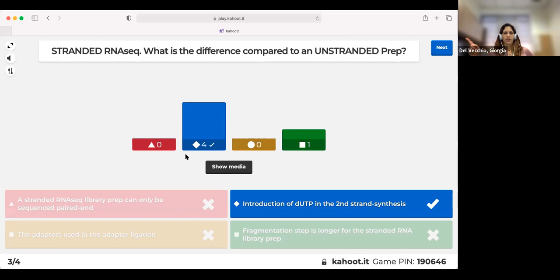In stranded RNA sequencing, we want to retain the information about the directionality, from which strand the RNA is coming. To obtain that information, in the second strand synthesis we add uracil. So in the next step we only retain the information coming from the first strand synthesis, the reverse complement of our RNA.